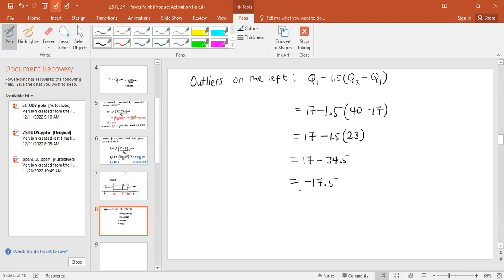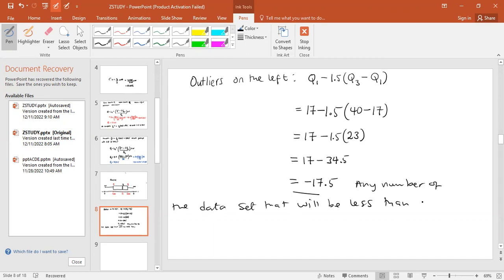So outliers are going to be any number in the data set that is less than negative 17.5. So we are going to go to the data and check if we have a number that is less than that.